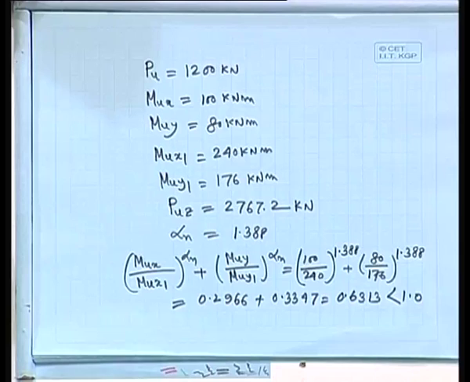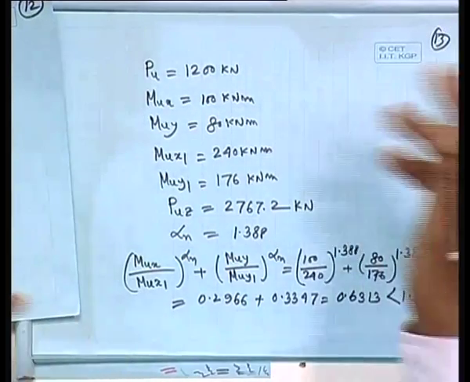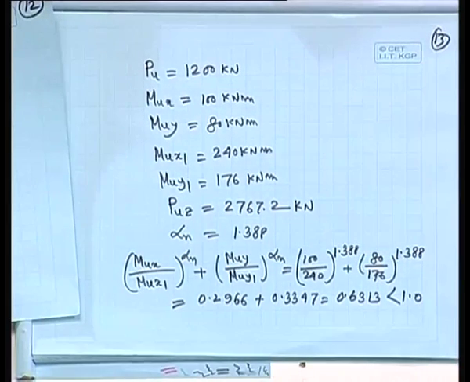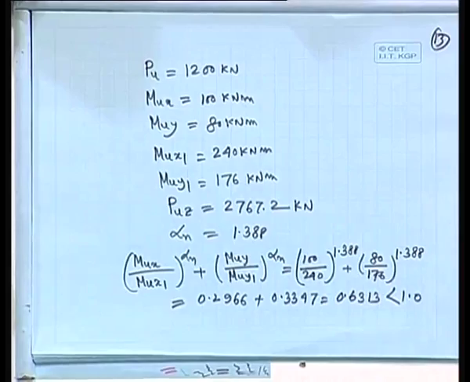So we can reduce the section and try to find out whether we can make it a little bit less, say instead of 450 we can try 350 by 450, like that. So this is what we do for biaxial bending.